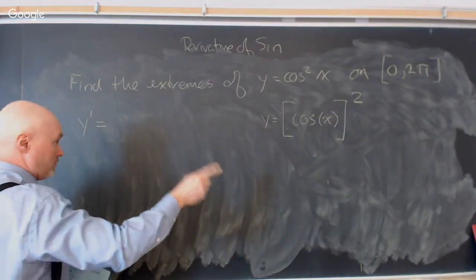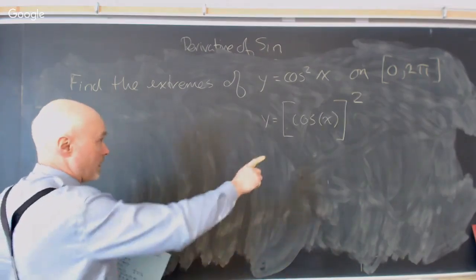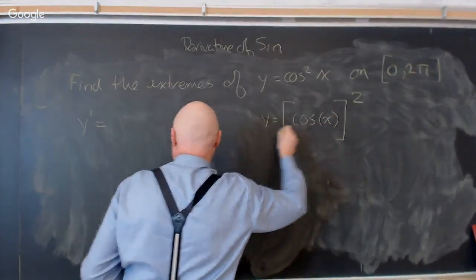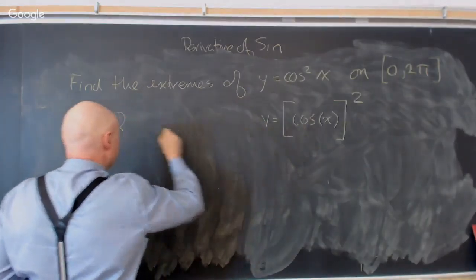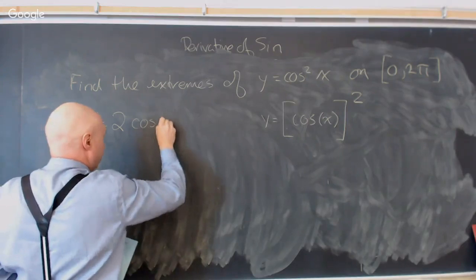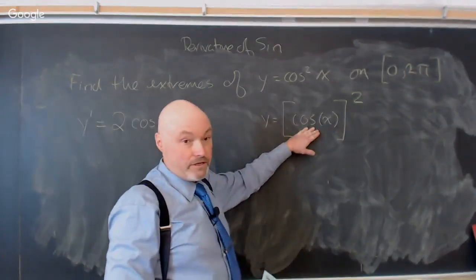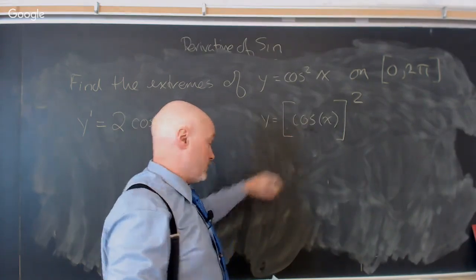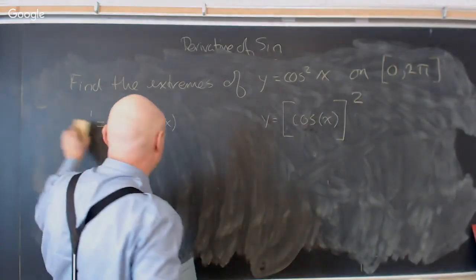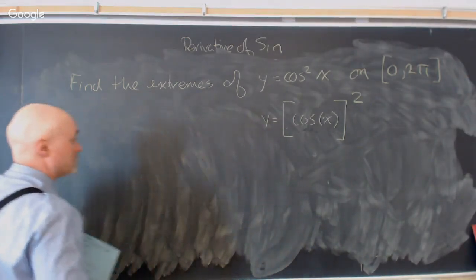So my outside function is something squared. So I can just use my power rule on this outside function. So this is 2 times the cosine of x. Now I have to do the derivative of, oh, okay. You want to do the u and all that kind of stuff. Okay, all right. Good enough.